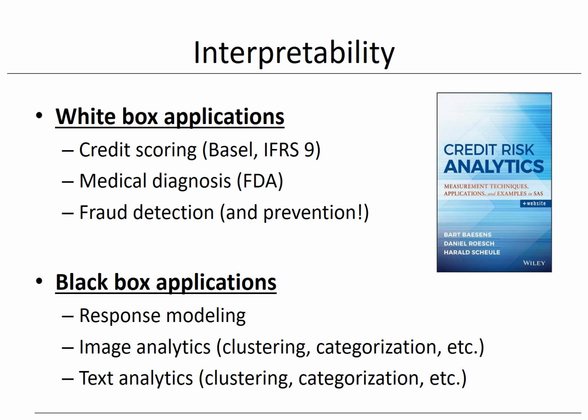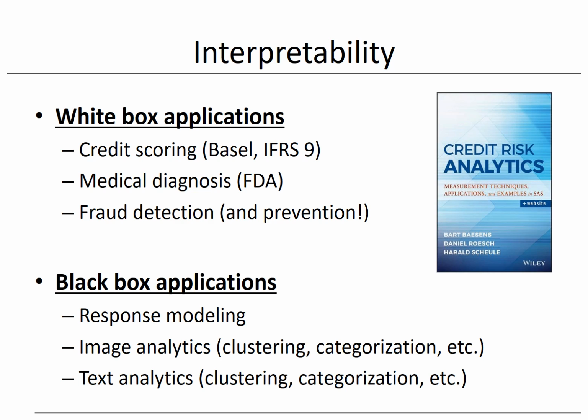First of all, interpretability. Interpretability is a key concern in settings which are heavily regulated. Think about credit risk modeling. Credit risk modeling is a setting which is heavily regulated by all types of regulatory guidelines, like the Basel Accords and IFRS 9. They are regulatory guidelines which enforce lenders, be it financial institutions or other types of lenders, to build credit risk models that evaluate the creditworthiness of their customers.